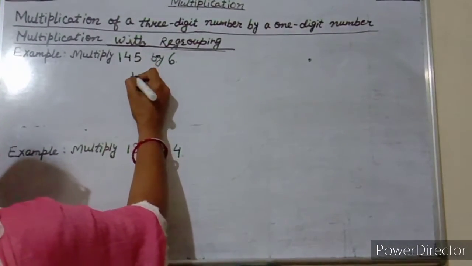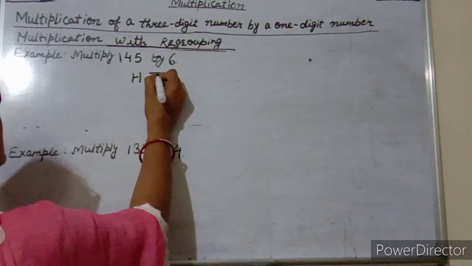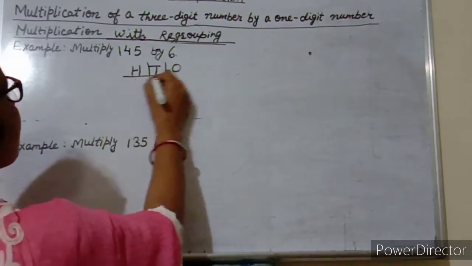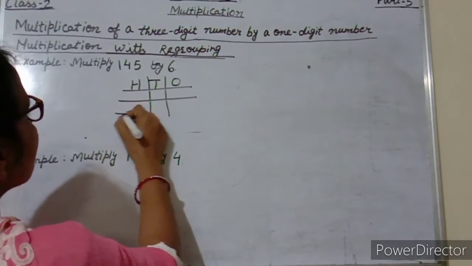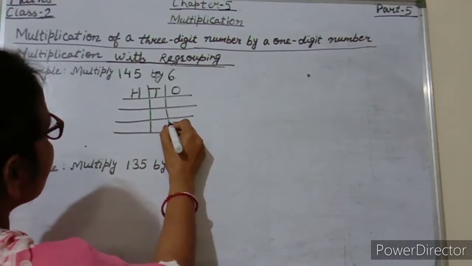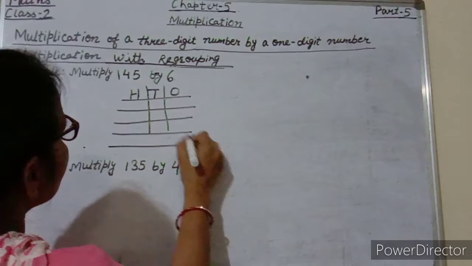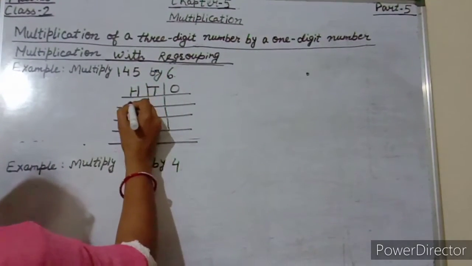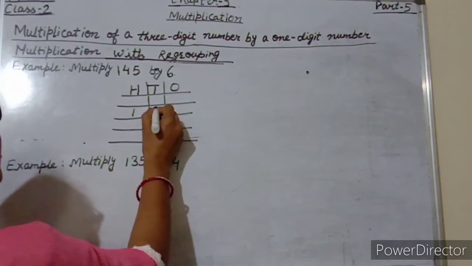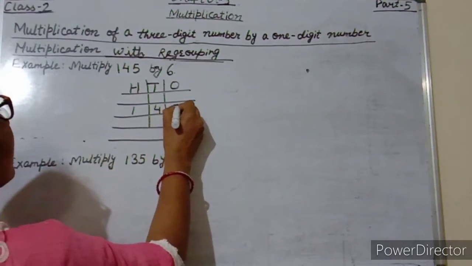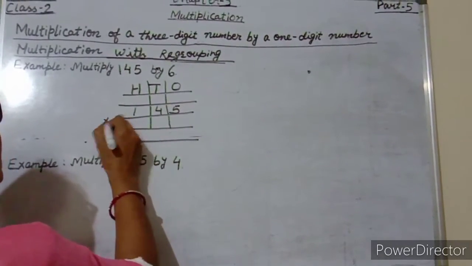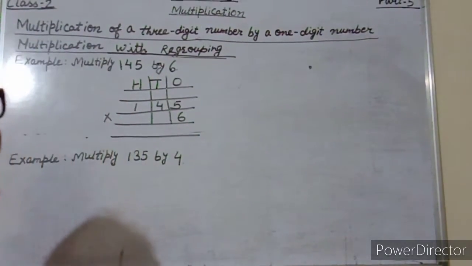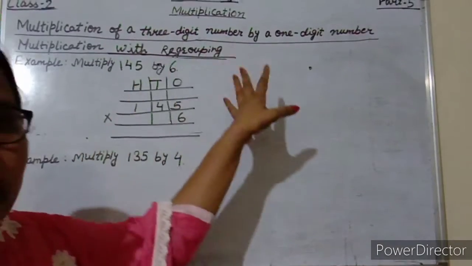Make a column first. So 145 by 6. Write 145 into 6. Here, students, we are going to multiply with regrouping.